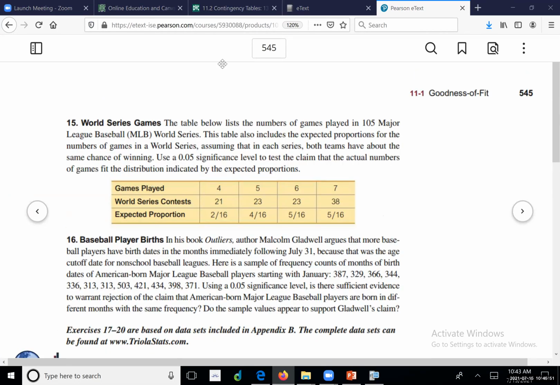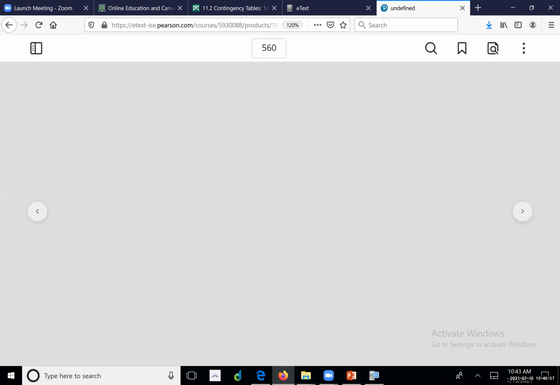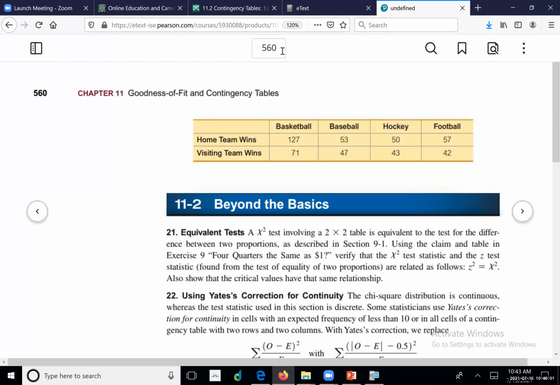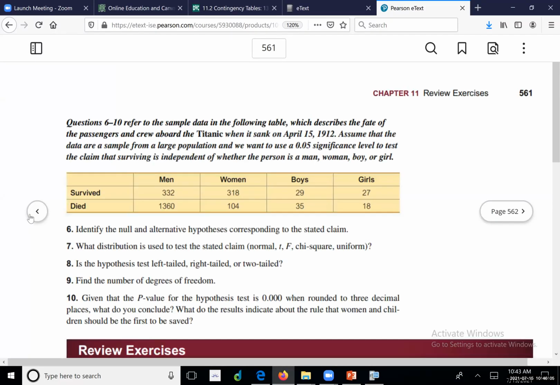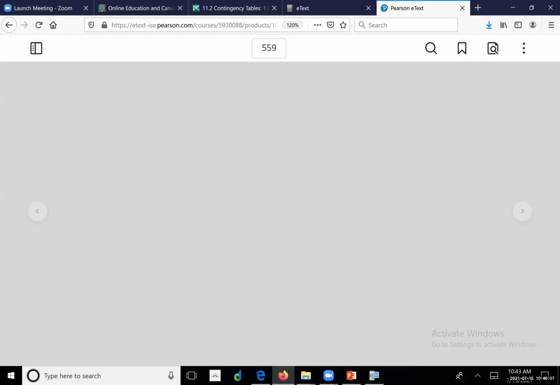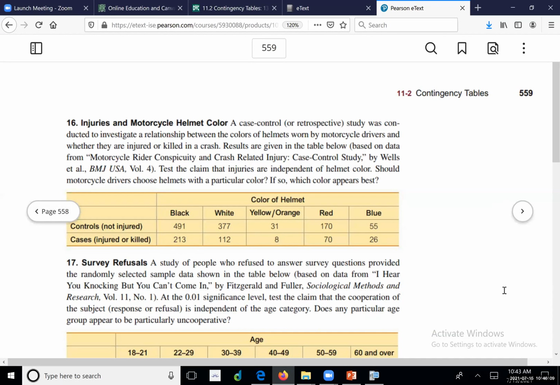Go to page, let's say 500. Oops. 500, maybe 59.